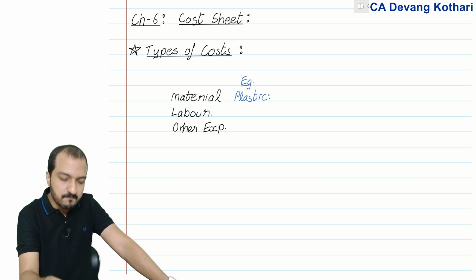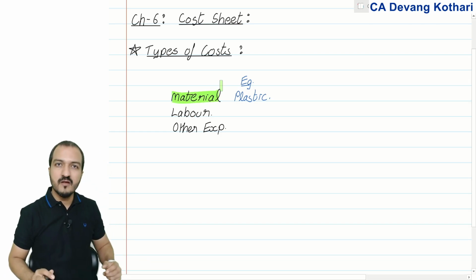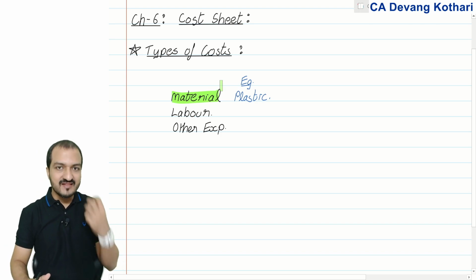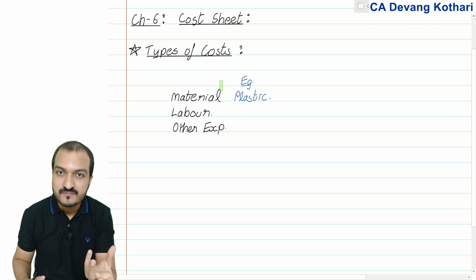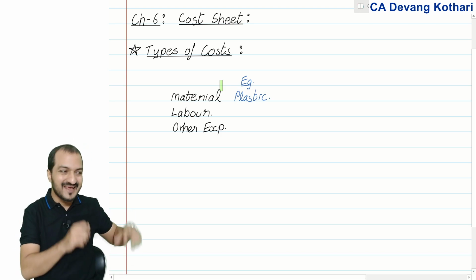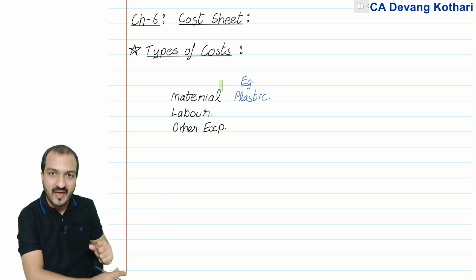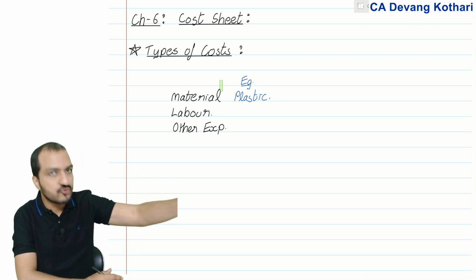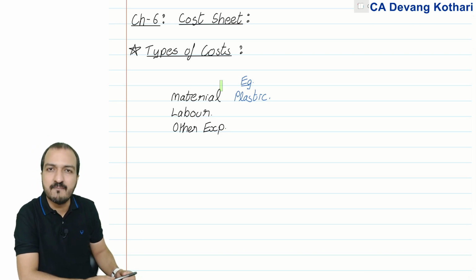Now, what does material mean? Let us understand that. When I say material, it means any cost which is in the form of units which can be stored, kept in my godown, consumed from the store, and if it is extra, sent back to the godown. Tell me, can you do that for labor?